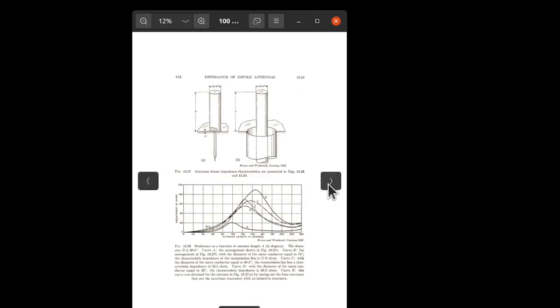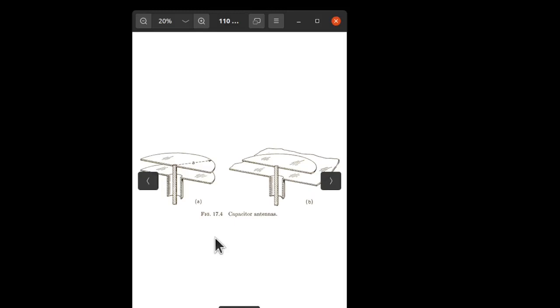And moving on, well, the next thing we can do to augment a monopole is to add a top hat to it. And in these illustrations, you'll see that this is carried out to the extreme, such that on the left we have a monopole above a circular ground. These are all cut in half views.